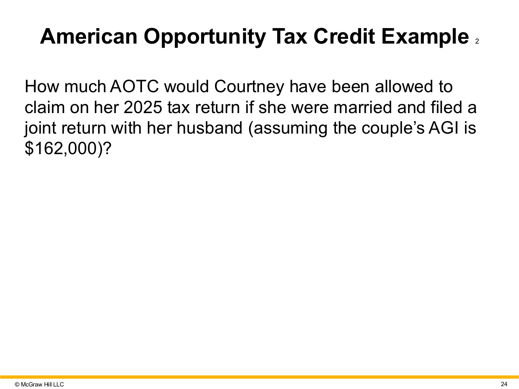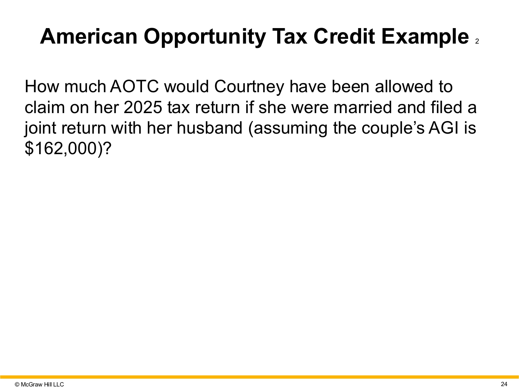Part 2: how much AOTC would Courtney have been allowed to claim on her 2025 tax return if she were married and filed a joint return with her husband, assuming the couple's AGI is $162,000? The way we would calculate this is first, we would pull in the AOTC amount before the phase out.